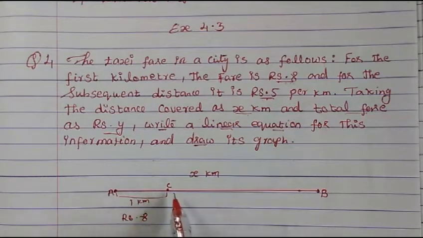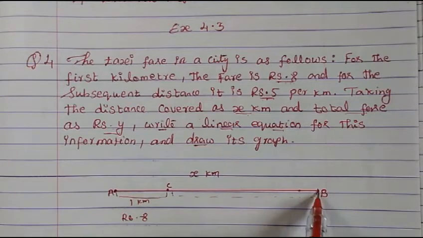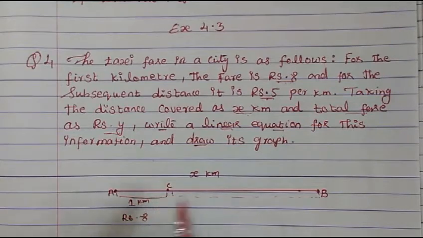Now remaining C to B, how much do we have to pay? A to C is the first kilometer. Then C to B, how many kilometers? We know the total AB is x kilometer, so from this total x kilometer we have to minus AC, then only the remaining kilometers we will get.